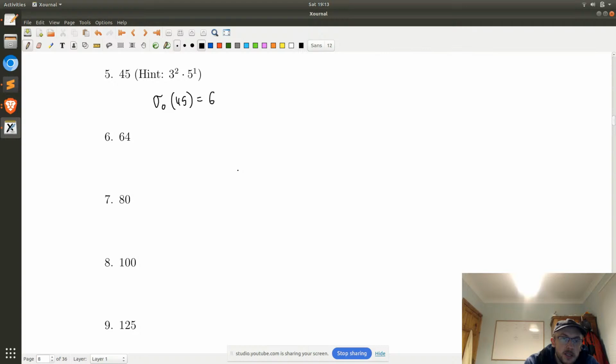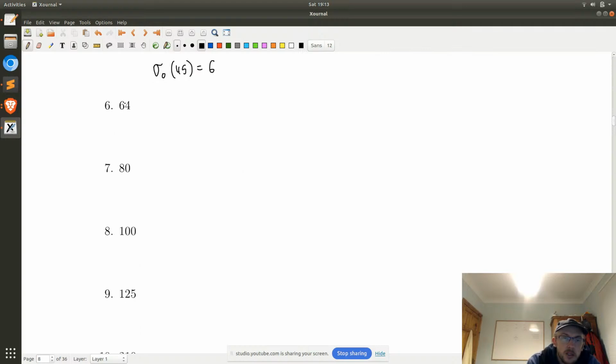Now for the rest, they don't tell you. So I should prime factorize it first. This is 2 to the 6, and therefore the number of divisors of 64 is 7. This is 2 to the 4 times 5, or if you want to be explicit, 5 to the 1, and therefore the number of divisors of 80 is 5 times 2, which is 10.